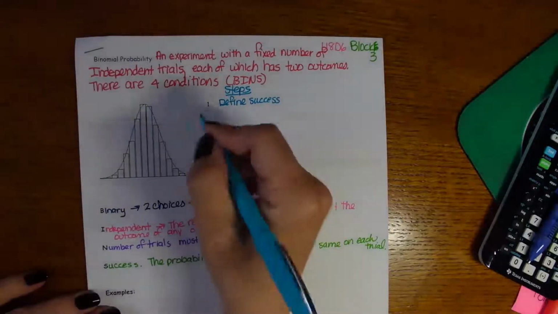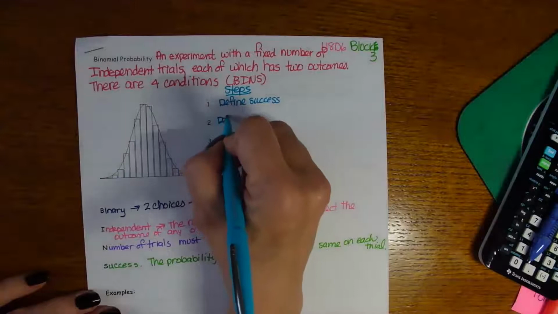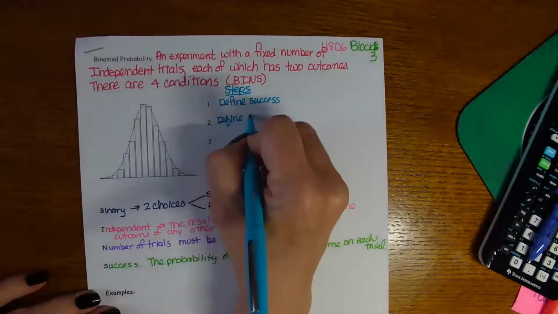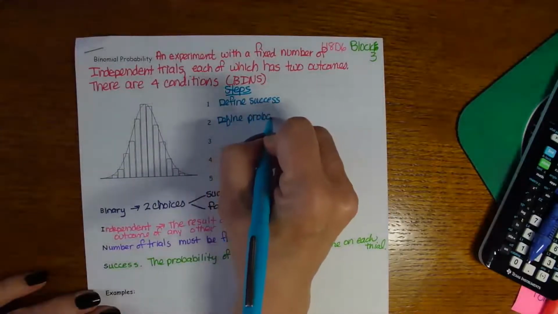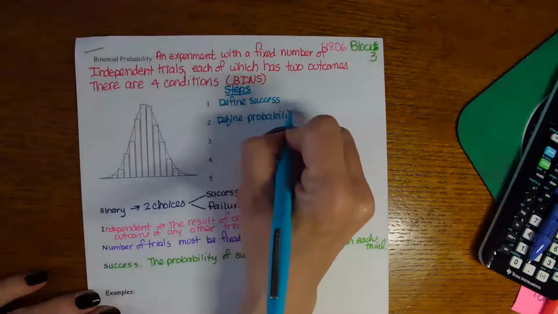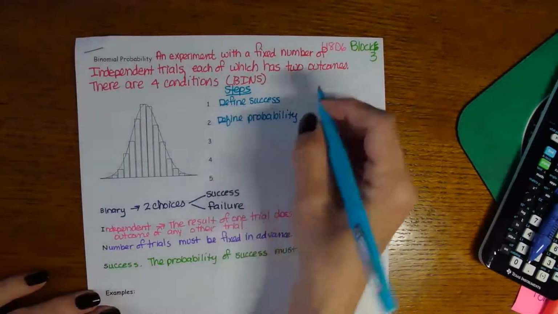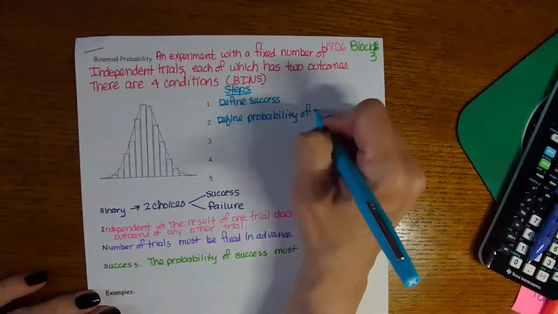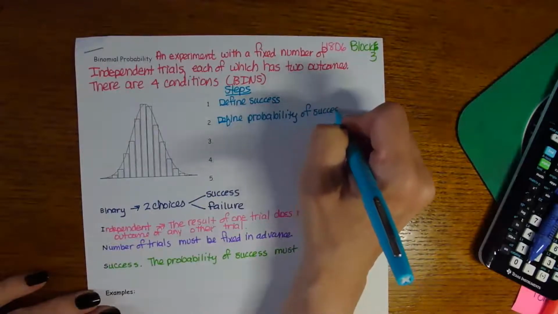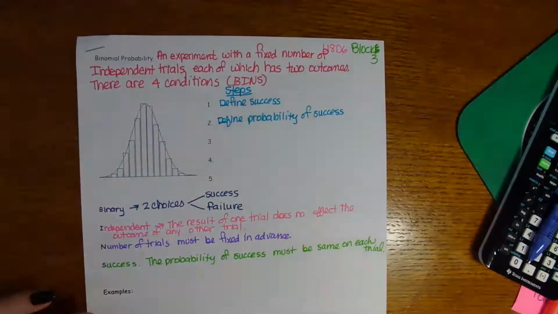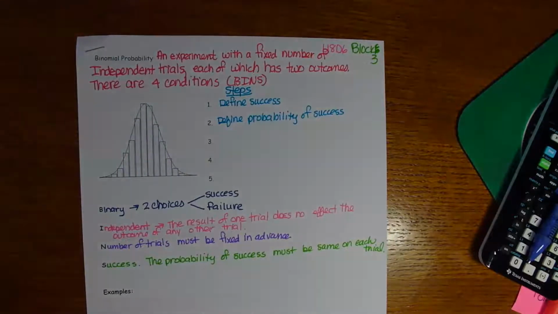Two, I have to define probability of success. I have to say the probability of getting heads is 0.5. The probability of rolling a 4 is 1/6. So we have to define what are your chances of succeeding.